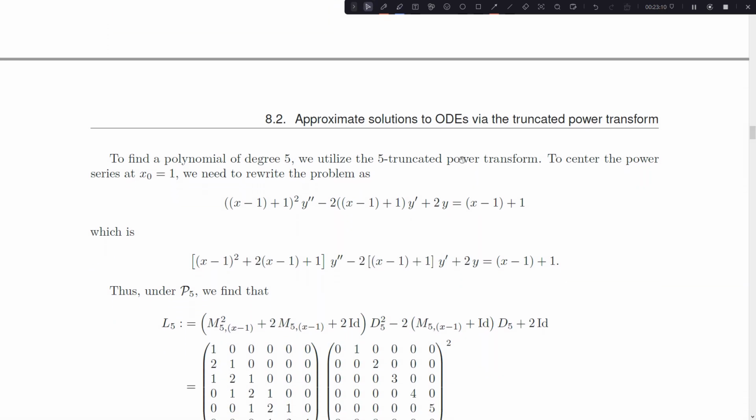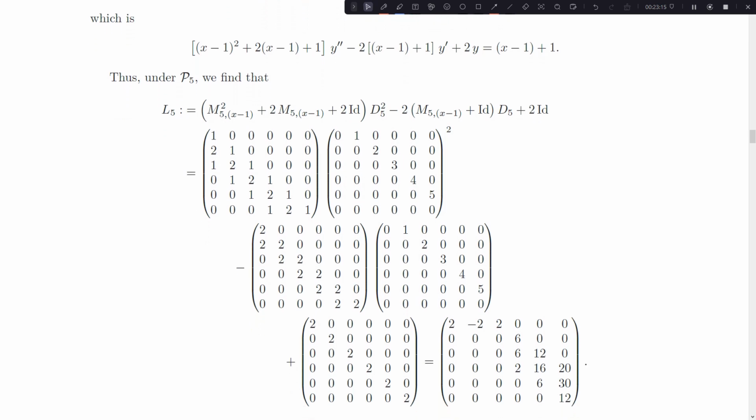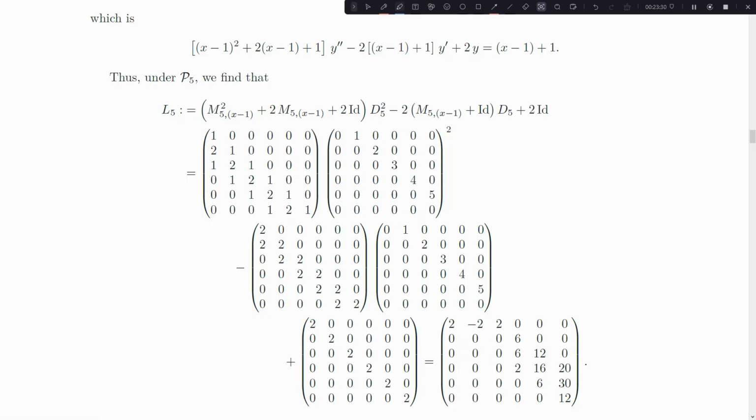So if I actually go through that process, there's my matrices. And it's really interesting because at the end of the day, all that happens is I literally calculate all of these matrices out, go through the matrix multiplication. This is why Wolfram is very useful. Go through the matrix multiplication, add them together, and we end up with a matrix which is just a matrix.